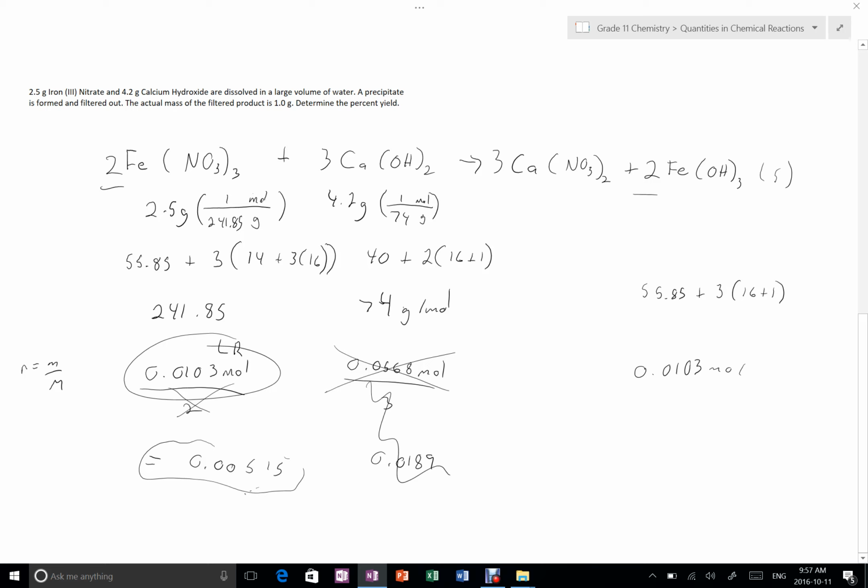It's going to get me a molar mass of 106.85 grams per mole. And if I want to view this as converting moles, remember I always can use this formula if you prefer, but I want to convert from moles to grams. For every 1 mole I have 106.85 grams.